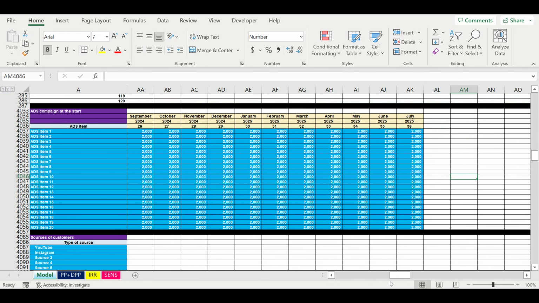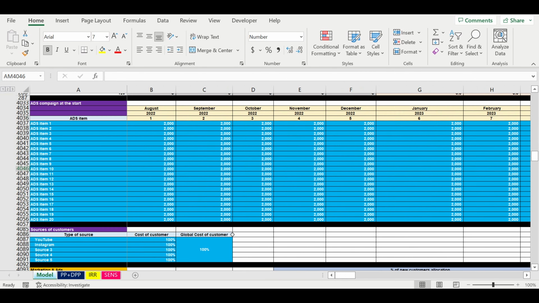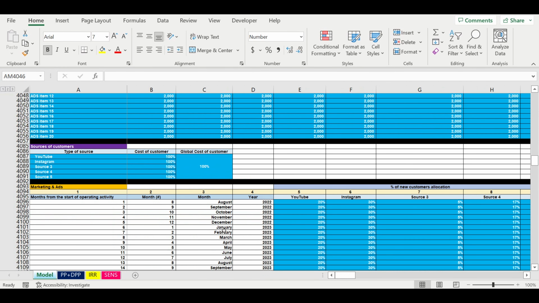Then we move to marketing, advertising, and direct expenses. This block is also very important because, for example, we have different sources of customers: YouTube, Instagram, TikTok, and so on.